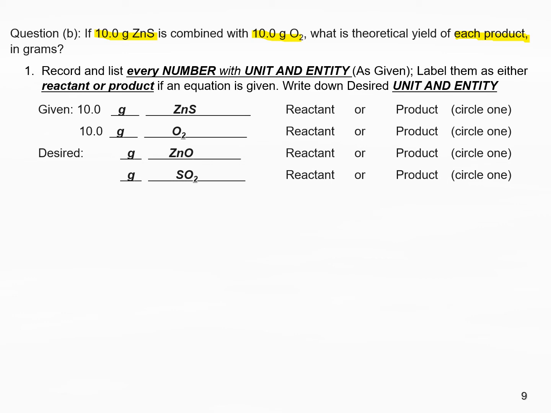As we recall, zinc sulfide and oxygen are the reactants, and zinc oxide and sulfur dioxide are the products. Why are we doing this? I just want you to get this so that we realize this question gives us information about something and it asks for something else.